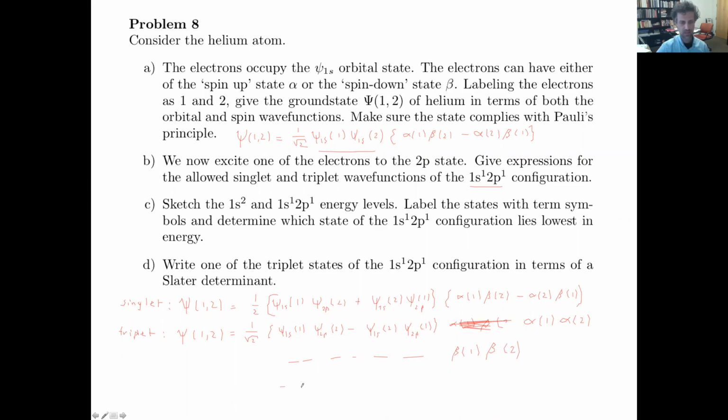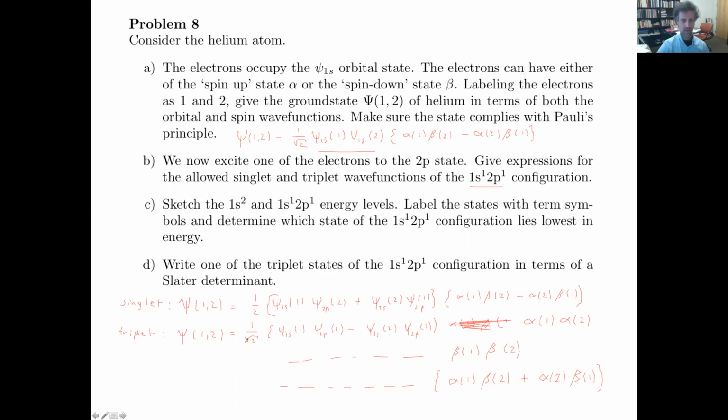And then the last one has exactly the same orbital state, but a different spin state. The last symmetric spin state is this combination where alpha 1, beta 2, plus alpha 2, beta 1. So that's the last symmetric spin state.